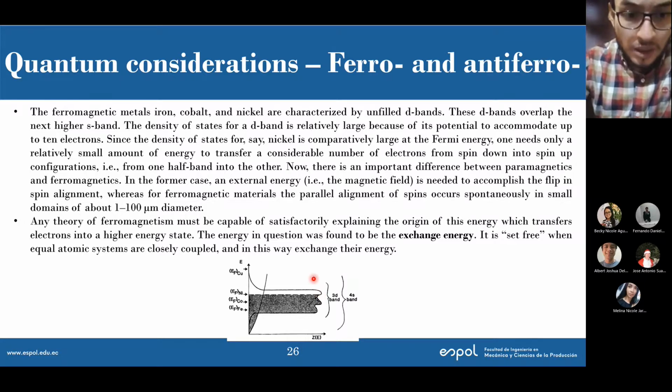So you can see here, for example, the Fermi energies for iron, cobalt, and nickel, right? Nickel having the largest. And look at copper, right? This is just a comparison between these four. Remember, copper, we said it's diamagnetic, and look why. Because its density of states at the Fermi energy is very low. It's very small compared to nickel, cobalt, and iron. You have very large density of states at their Fermi energy values.